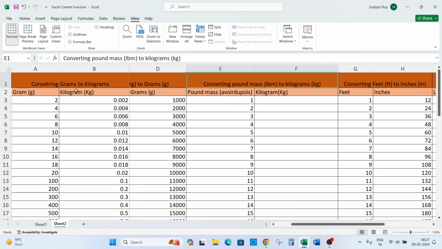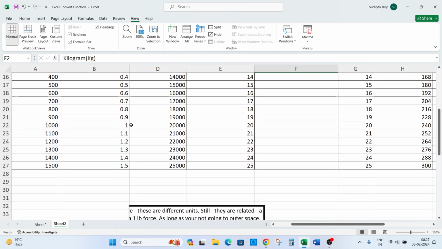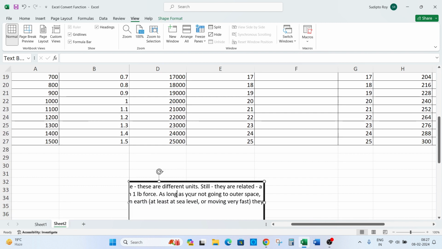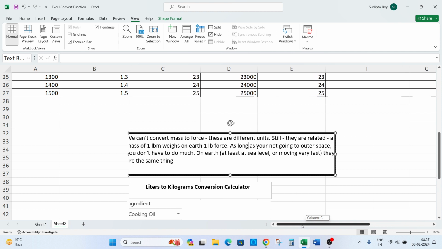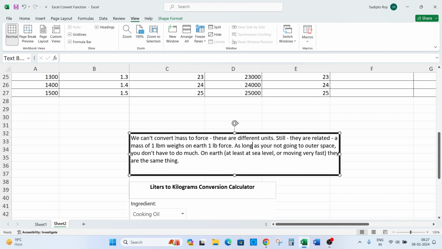The second thing is about converting pounds into kilograms. Now the pound into kilogram is a bit complicated, in the sense that I've got a disclaimer here, or rather a scientific article. It says that we cannot convert mass into a force. These are the same units, still they are related.